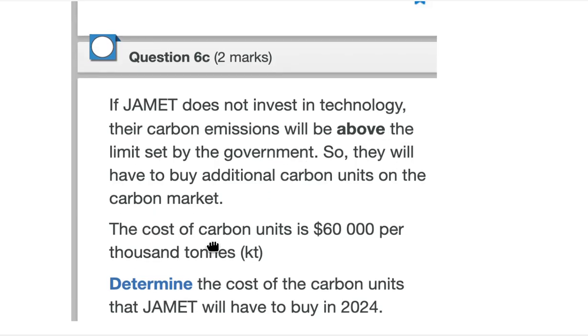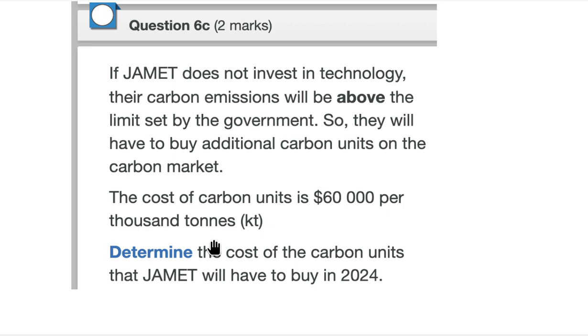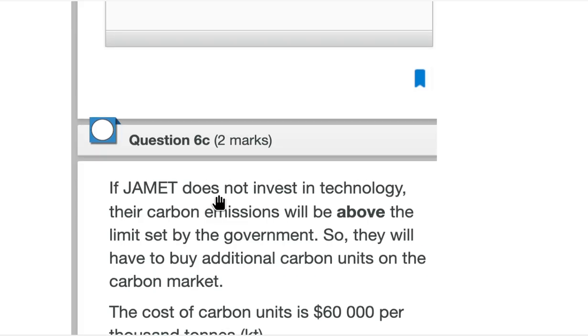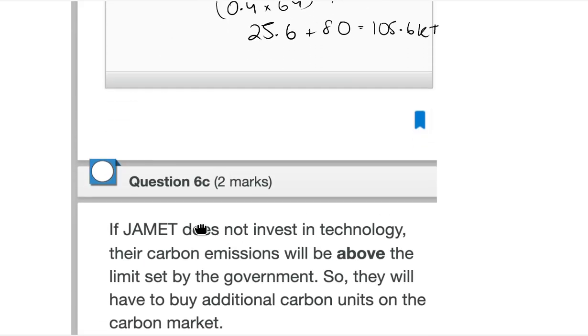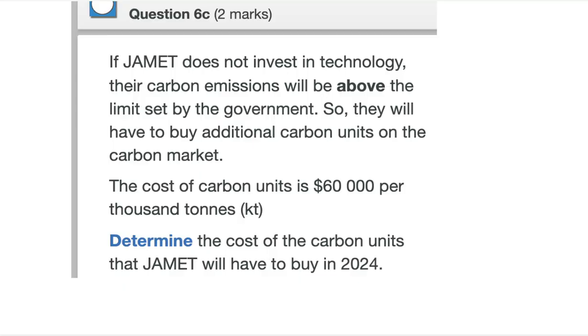Okay, so what do we know? Basically, this part is asking us about the amount that it needs to invest per carbon unit, right? So what was the initial amount of emissions? That was 120. And what was the limit set by 2024? 105.6.